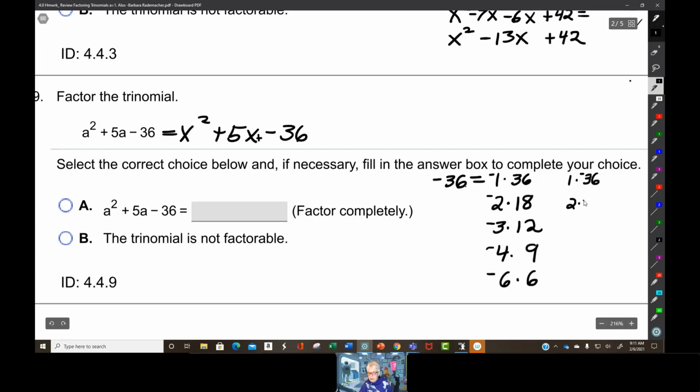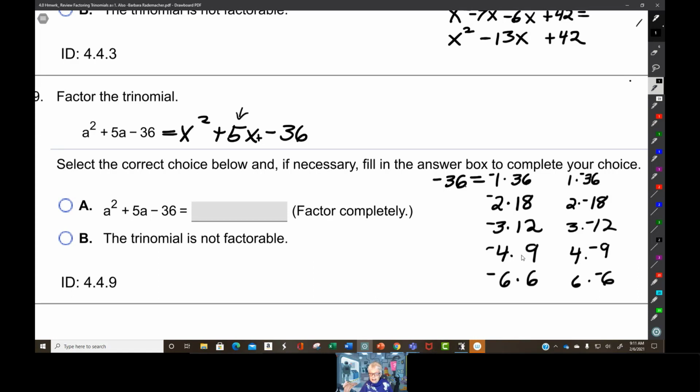So, positive 2 times negative 18, positive 3 times negative 12, positive 4 times negative 9, and positive, well, I mean, they're the same, right? Positive 6 times negative 6. Kind of the same. Okay, so all I have to do is find the two numbers that add up to positive 5.